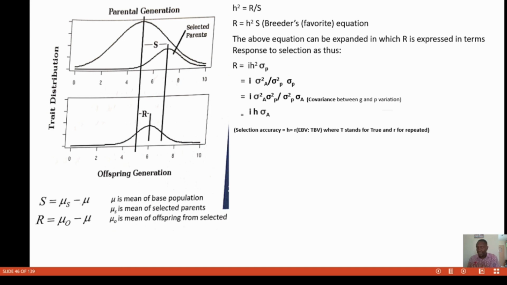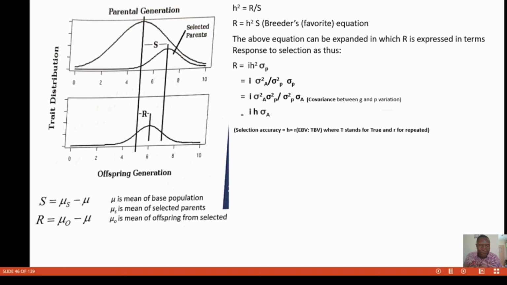So we shall be concluding this session here. Those graphs should become very clear to you as they are represented here, where we have the parental generation, then the selected parents within it, who, when they are crossed, give a distribution that is the offspring generation. We can expand the selection response by putting those little symbols together and coming to what we have here.